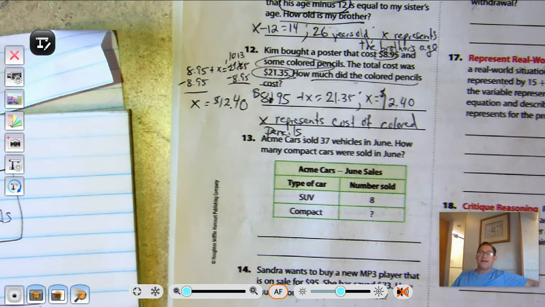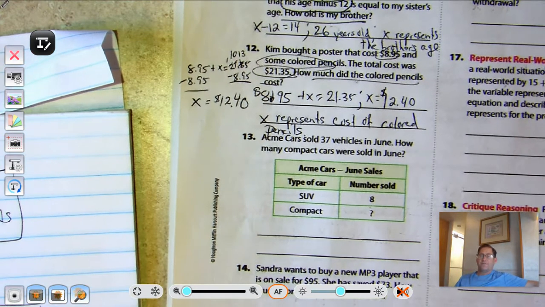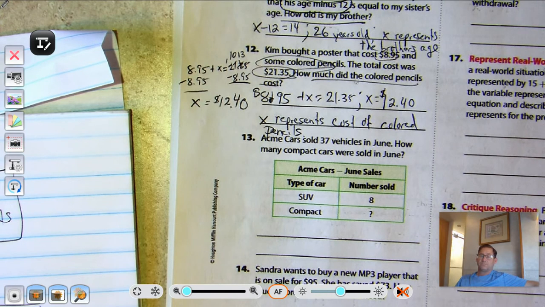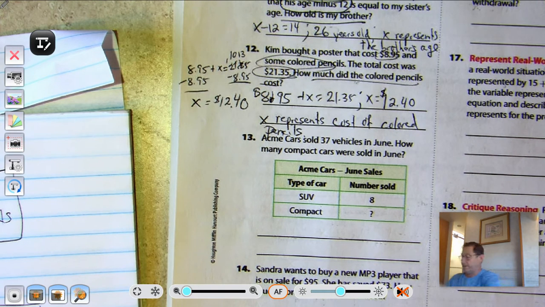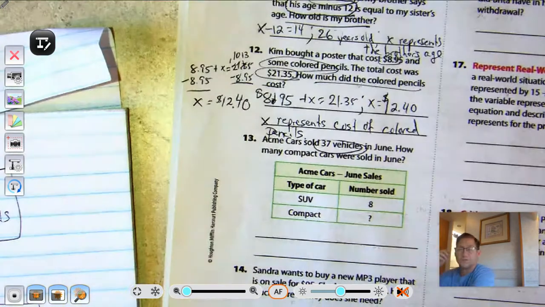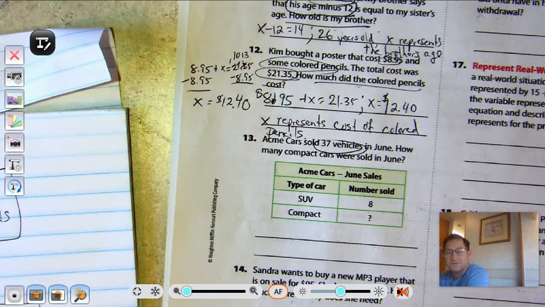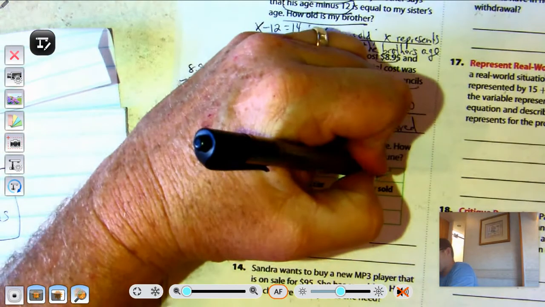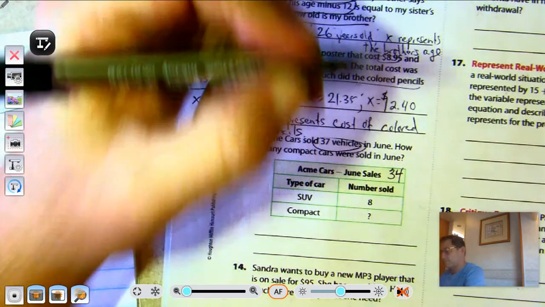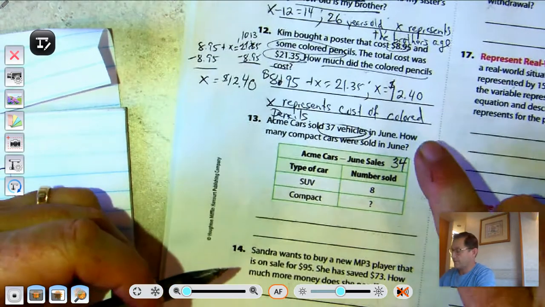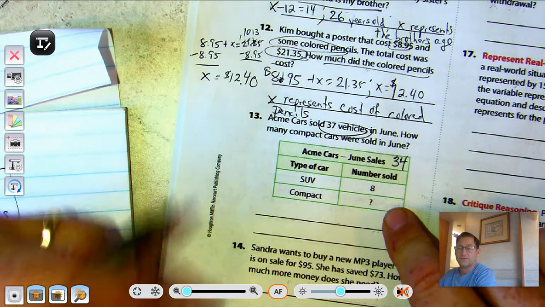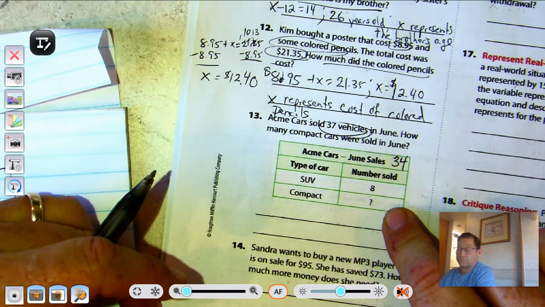Okay, 13. Acme cars sell 37 vehicles in June. How many compact cars were sold in June? Okay, well, we have a total of 37 vehicles in June. 8 of them were SUVs, and we have to figure out the rest were compacts.